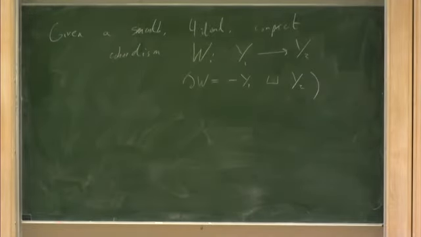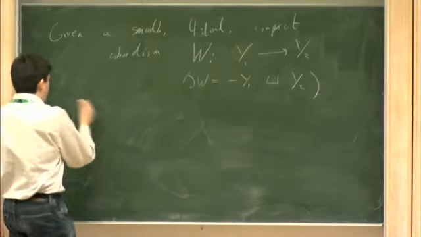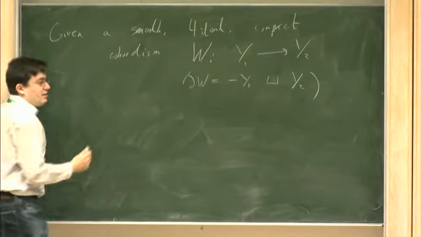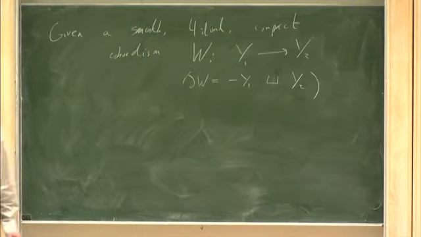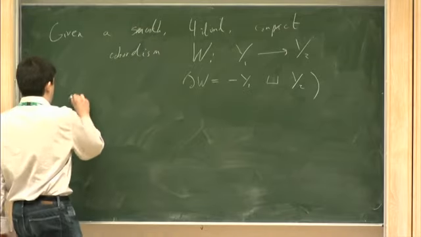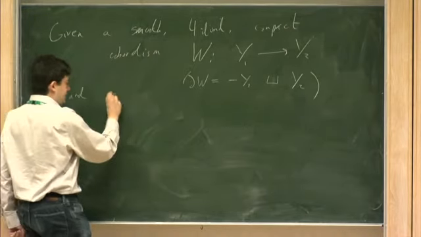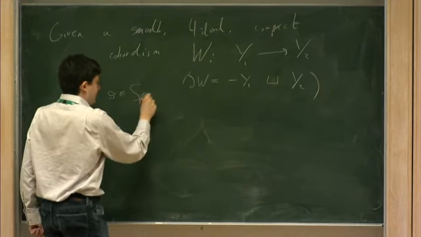This is a topological quantum field theory. We want maps. And if we want to do this correctly, we're going to use the spin C structure on the four-manifold as well.